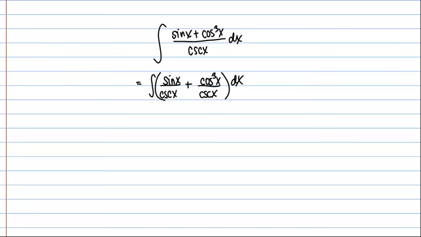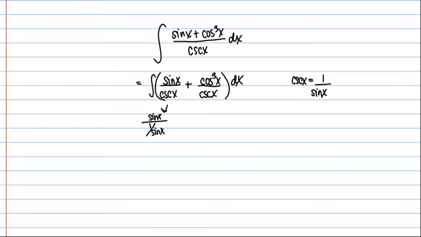I wanted to show you this problem in particular because there's going to be a lot of tricks using trig that we're going to have to use. We're going to need to remember a lot of trig identities. The first thing we need to remember is that cosecant x equals 1 over sine of x. So in this first fraction, what I have is sine x over 1 over sine x.